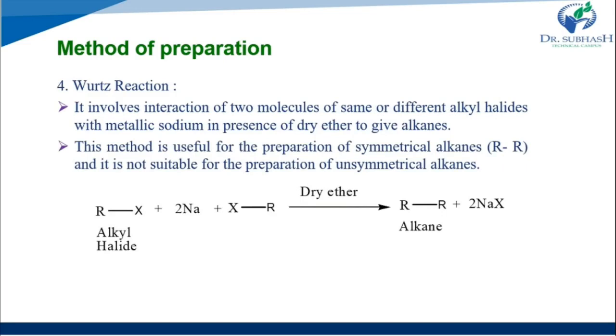Then the fourth reaction is the Wurtz reaction. It involves the interaction of two molecules of the same or different alkyl halide with metallic sodium in the presence of dry ether to give the alkane. Two molecules of alkyl halide, same or different, both are valid here, react with metallic sodium in dry ether, making an alkane, and two NaX, sodium halide, are liberated.